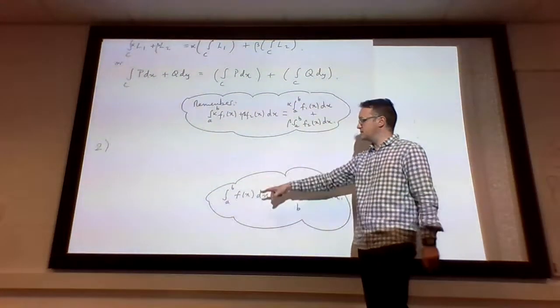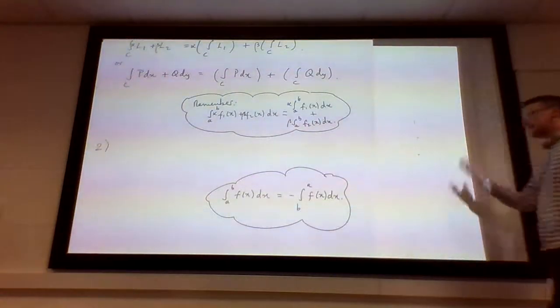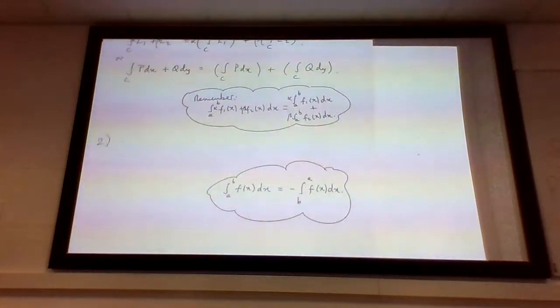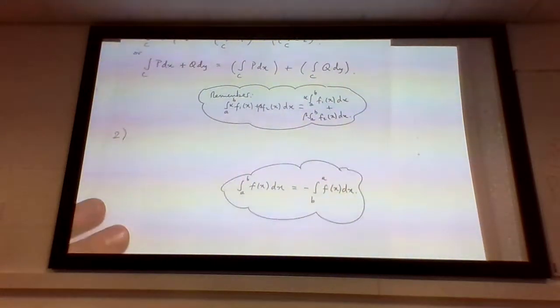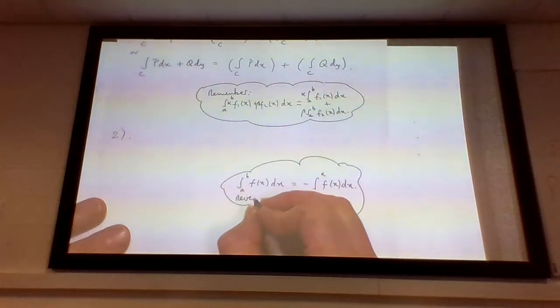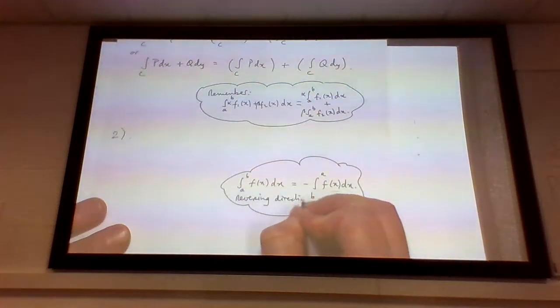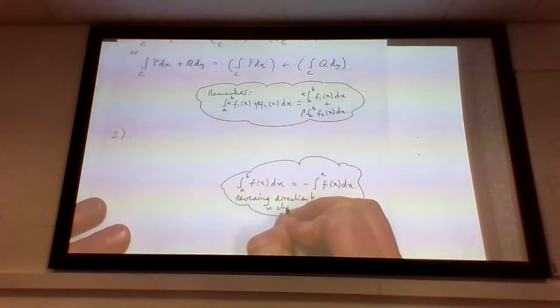So the integral from a to b of f of x dx is equal to the negative of the integral from b to a of f of x dx. Okay. So reversing direction is changing the sign.